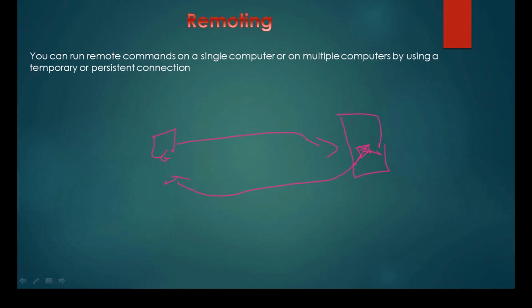These are temporary sessions. Whenever you want to spin up a session, you send some command to be executed on the remote machine, and the remote machine executes that, and the session gets terminated after the execution is completed. So this is a temporary session.